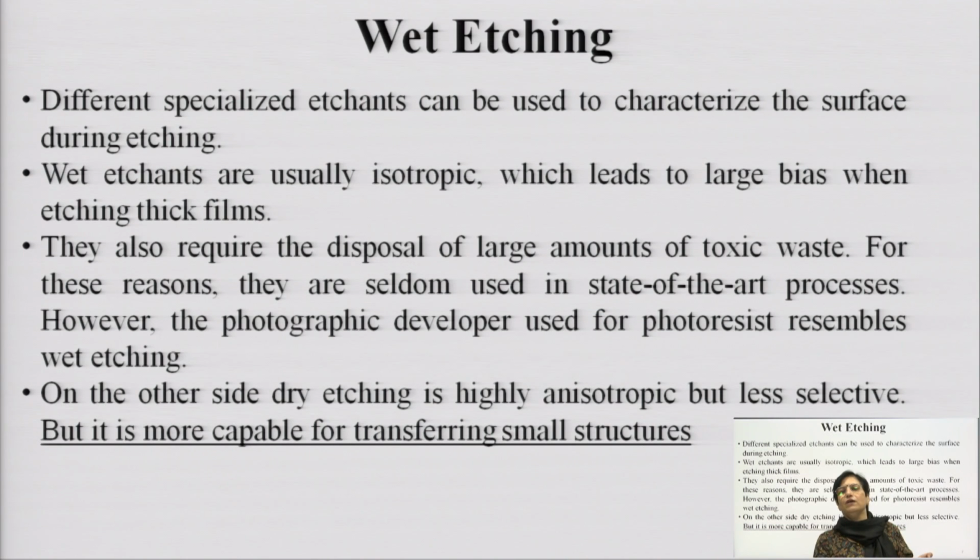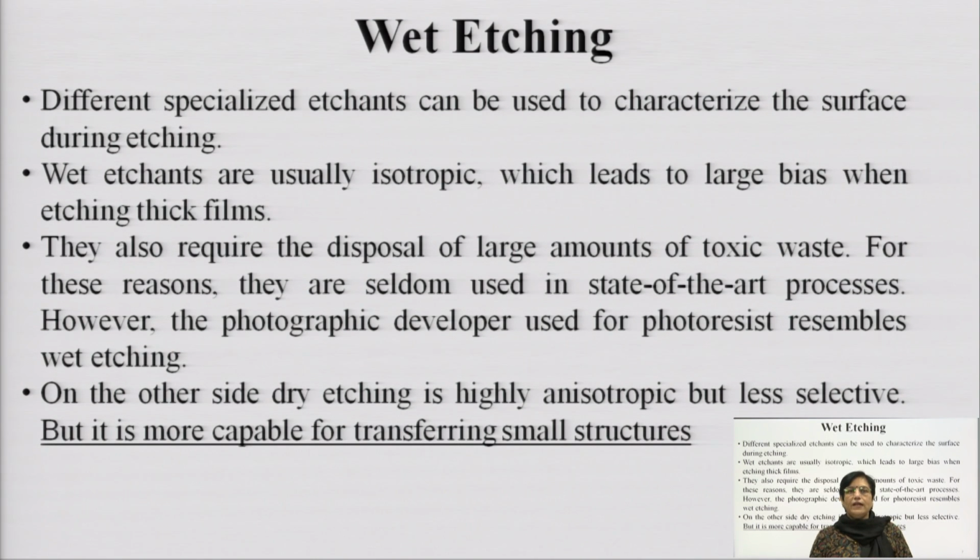Since wet etching is very well researched, you can have very good control, provided you know the exact chemical composition of the layer and the etchant which is suitable to dissolve that layer. If both chemistries, their behavior, and their chemical reactions are known to us, we can attain very good precision in wet chemical etching also.